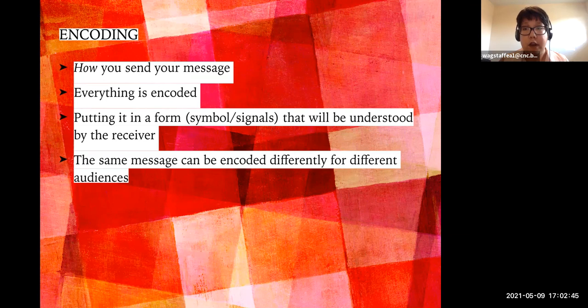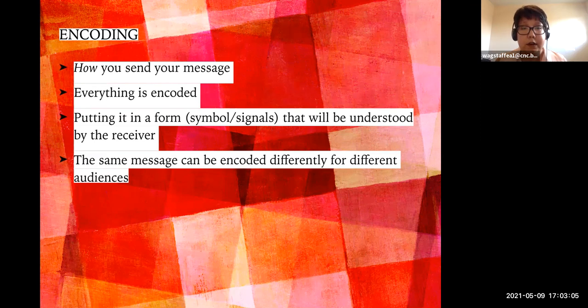For example, say you are a lawyer and you want to talk about a certain file to your assistant, you would have a specific way of talking about this file that would be understood by your assistant, but might not necessarily be understood by anybody else.